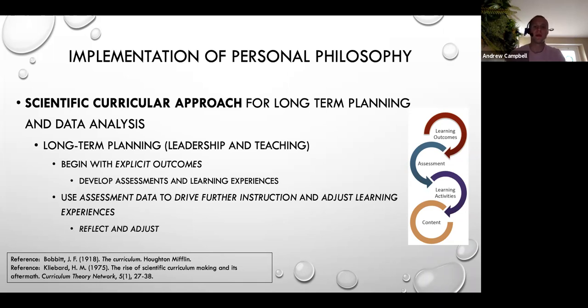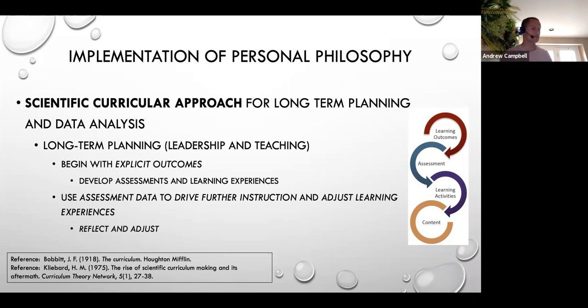So with long-term planning, of course, as Bobbitt stated, we always want to start with our explicit outcomes, and from there, we develop our assessments and learning experiences based upon that. We can also use the data, as I'll discuss in the next slide, to further drive the instruction, and we adjust our experiences. So in other words, we're reflecting upon our practice and we're adjusting.